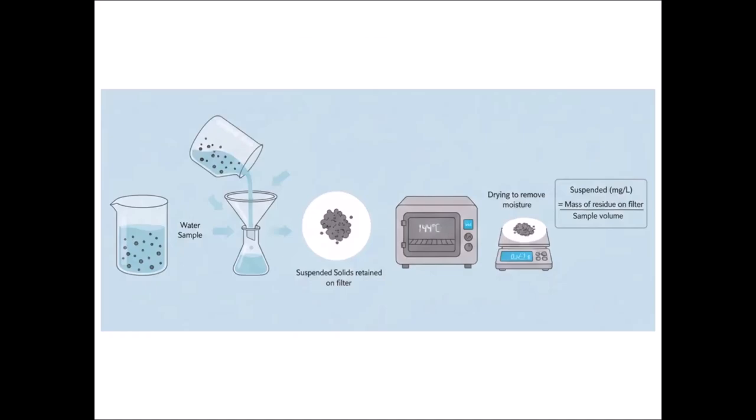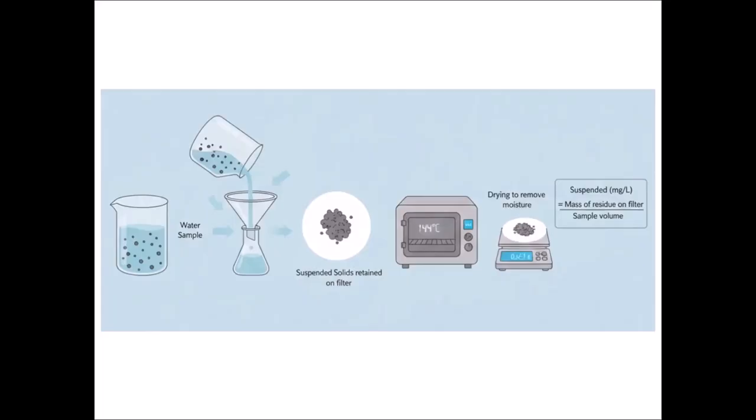The total solids test quantifies all the solids in water, including both suspended and dissolved solids. To perform the test, we evaporate a sample of water at 104 degrees Celsius until it's completely dry, and then we weigh the remaining solids. The results are expressed in milligrams per liter, which shows the dry mass of solids in a given volume of water.